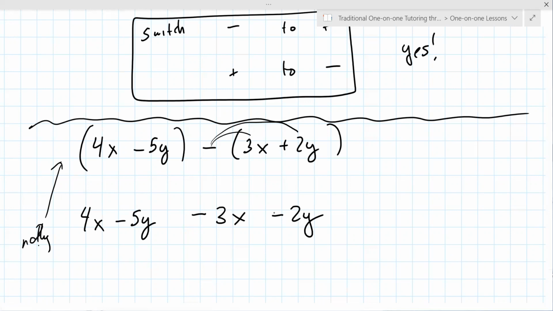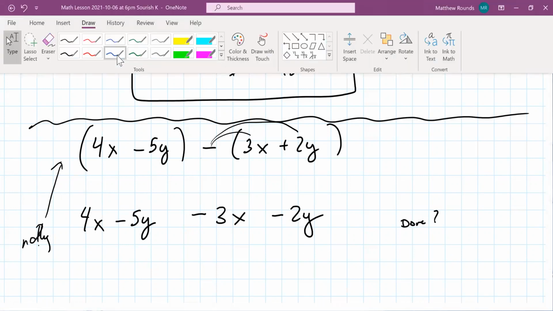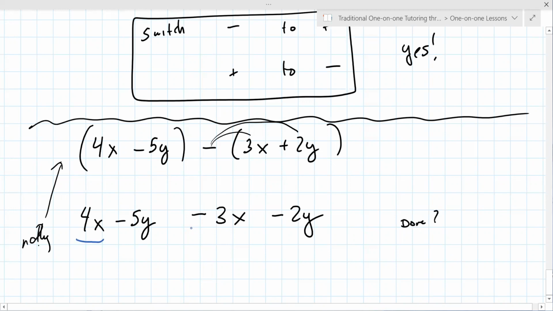Is that clear? Yes. Okay. So now are we done? No, we're not done, because you can combine like terms. You can combine the 4x and the minus 3x. What does that become?